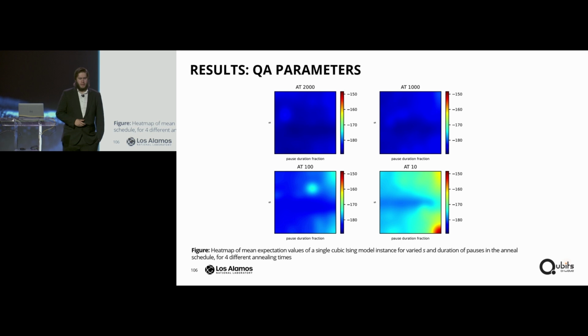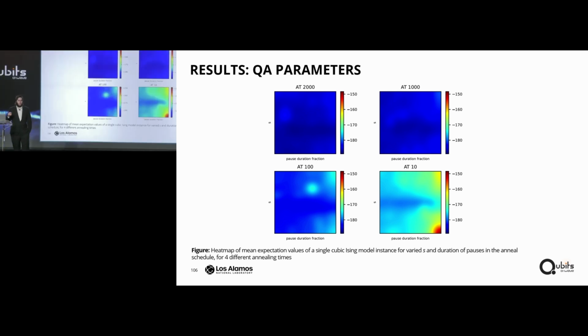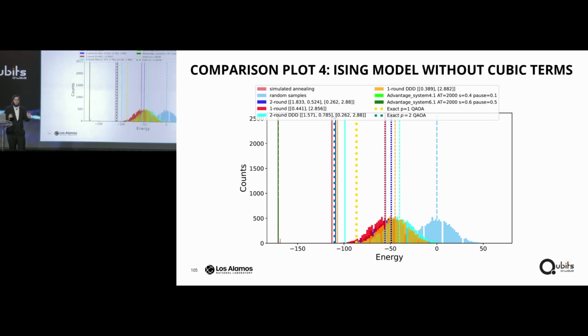Okay, now in terms of parameter tuning, I'm going to show a few plots here. Here what we're looking at is mean energy for the different anneal schedules with pauses that we tried. The minute details of these heat maps don't matter very much. The main thing to take away is that dark blue means better mean energy, and reddish means slightly worse energy. And so, when doing these previous comparison plots that I just showed, we were using the absolute best parameters that we found in these grid searches.